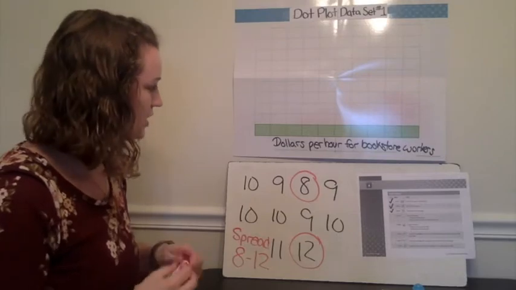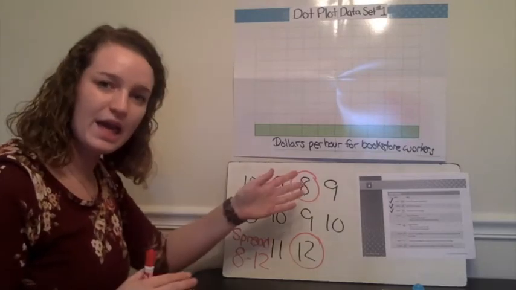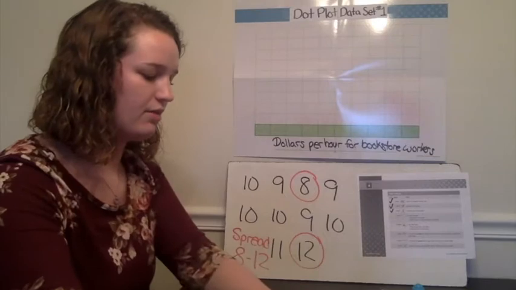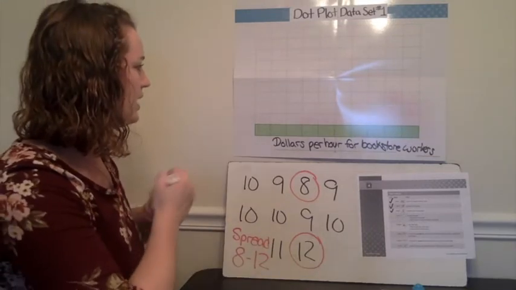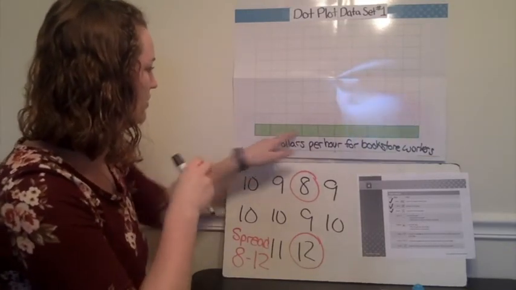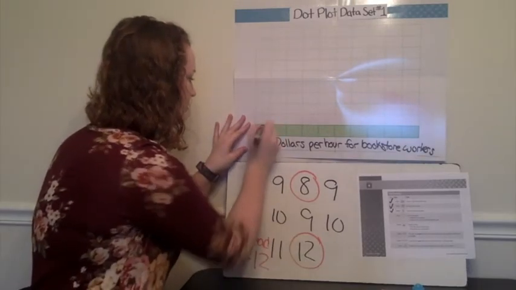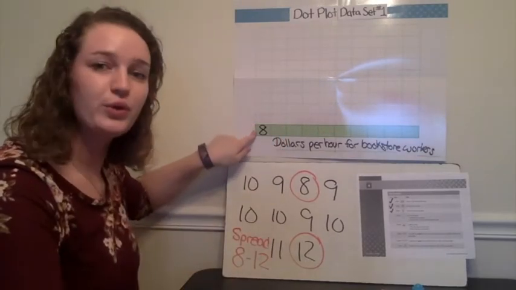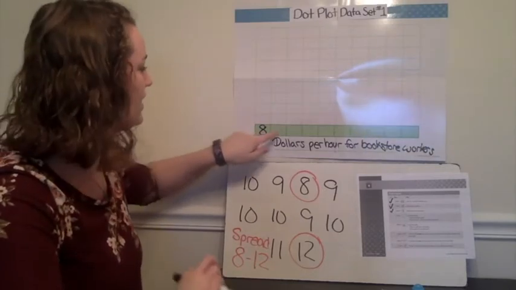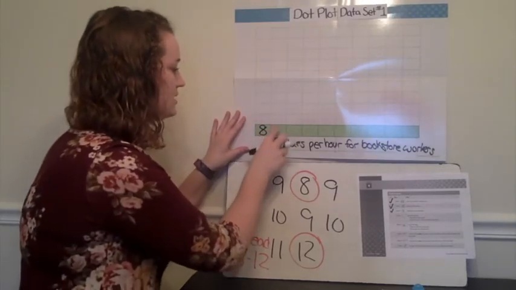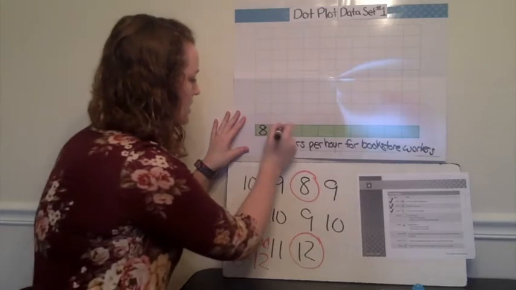Okay? So we know our numbers are going to go from 8 all the way to 12 on the graph. So on here, we're going to write right at the bottom, we're going to start with 8, our smallest number, and either glue or write that one down. We're going to start with 8, and then our next number is 9.